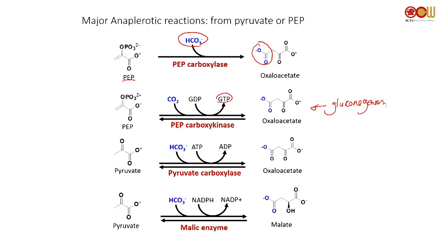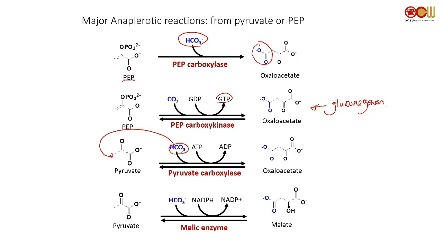Okay, but going in the reverse direction. And then you also have pyruvate carboxylase, which uses ATP as the energy source to put the carboxylate, the CO2 right here, onto pyruvate right here, right?